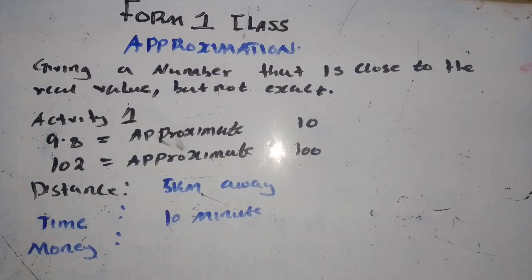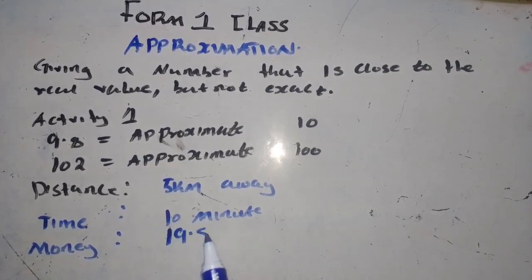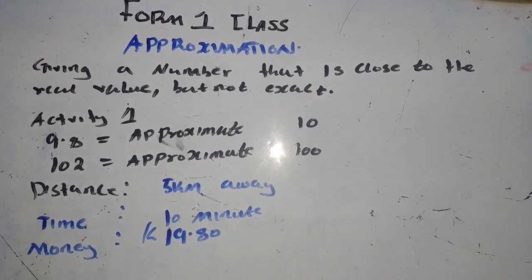Okay, and in money, we use approximation in this situation. Where they will tell you that this costs maybe 9, especially in ShopRite, 9.80 ngwe. It costs 19.80 ngwe.